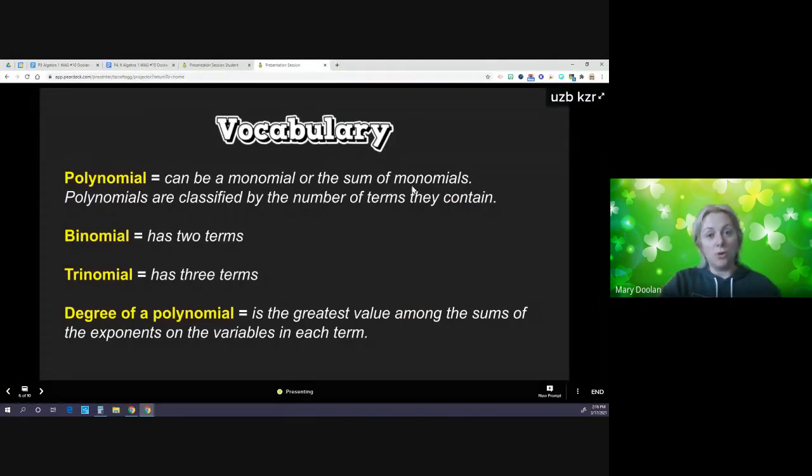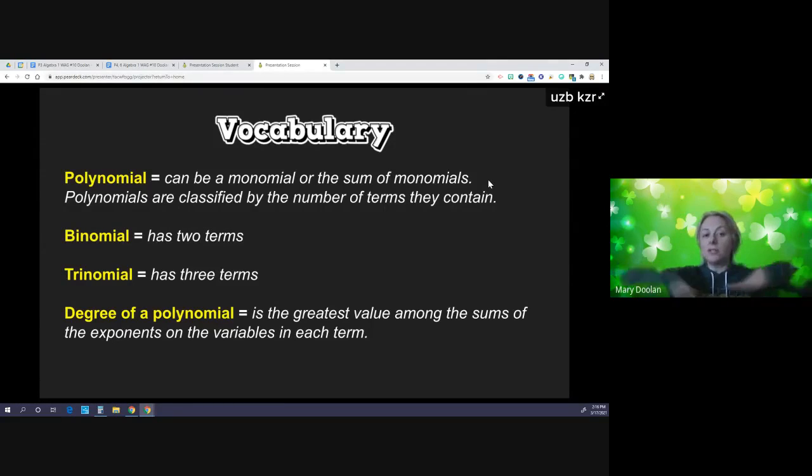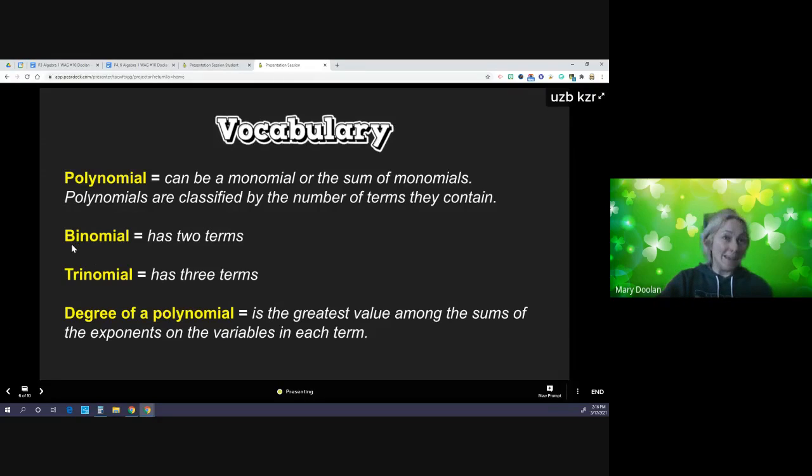can be a monomial, or the sum of monomials. So you can add a bunch of monomials together. It's just like this umbrella term to talk about all the different types of polynomials. You have monomial, then we have binomial. Bi means 2. Bicycle has 2 wheels. Binomial has 2 terms.